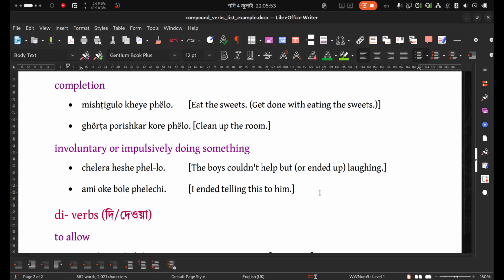So something I didn't want to share with him, but I ended up telling him. আমি ওকে বলে ফেলেছি. And the word this is not in the Bangla sentence. I have skipped that word. And yeah, you can do that. It still works. আমি ওকে বলে ফেলেছি.